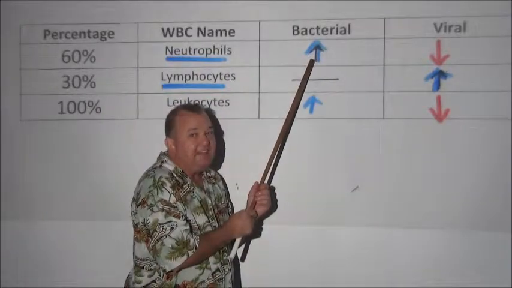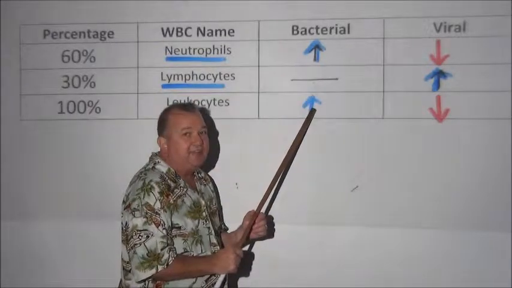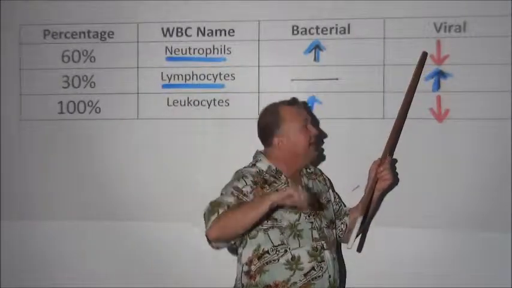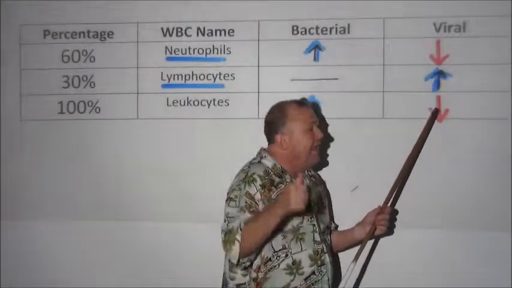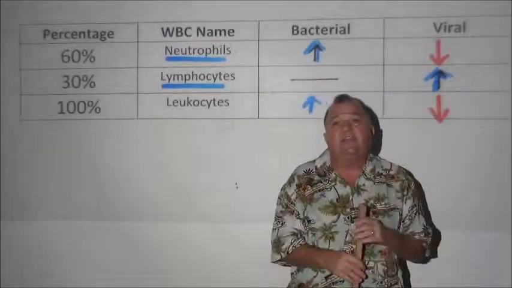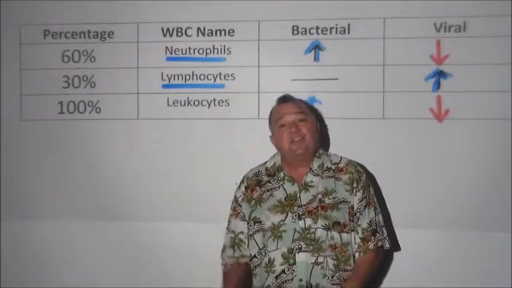This would be neutrophilia. This is nothing, but that is leukocytosis. A viral infection has neutropenia, lymphocytosis, and leukopenia, or leukocytopenia, some of you like to say. Just cyto means cell. So some throw that cyto in there. So I hope that helps you.